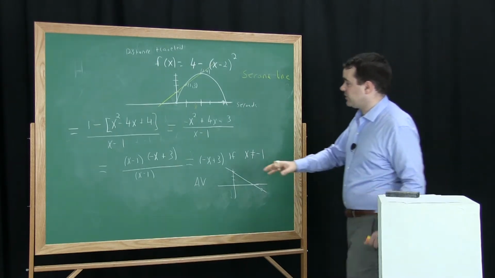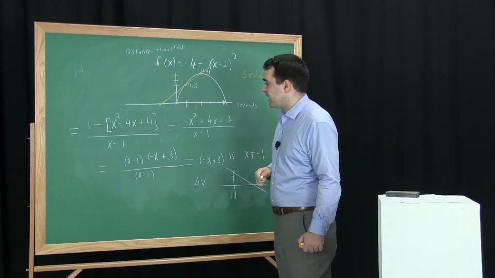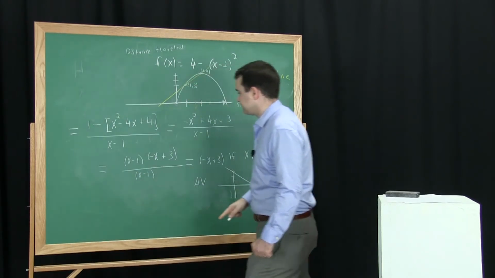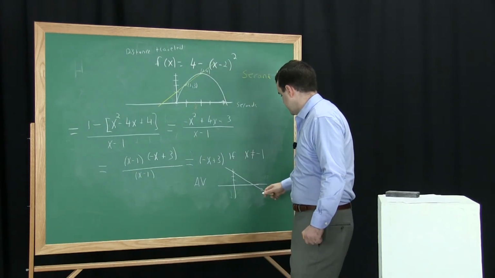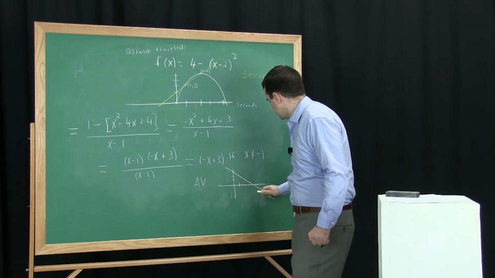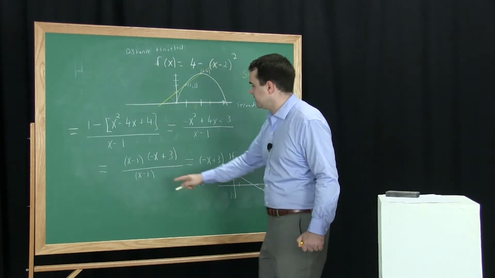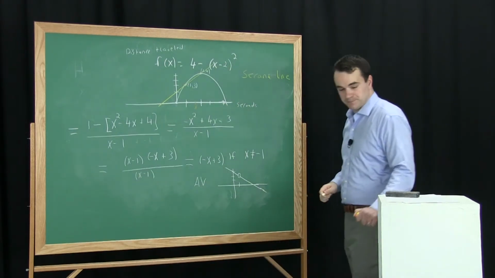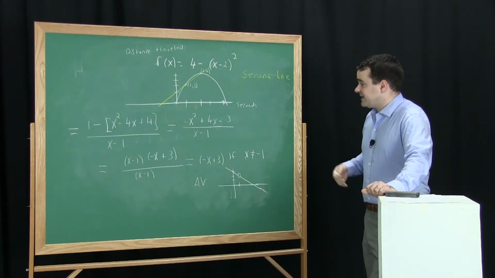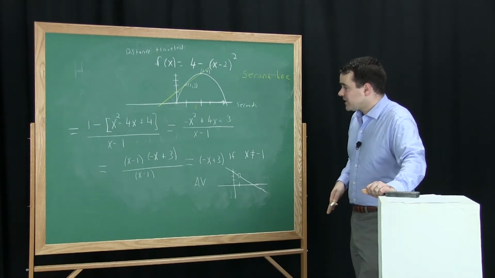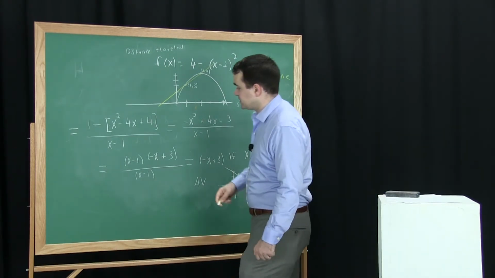I can't actually plug in x equals 1 here, excuse me. This has a hole when x is equal to 1, because then 1 minus 1 is 0.